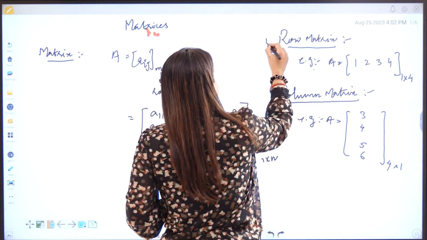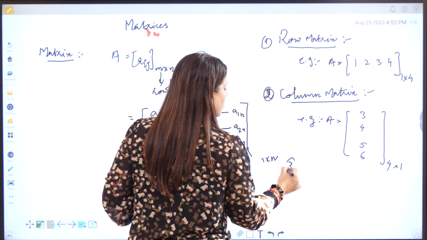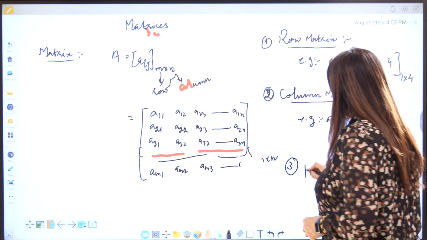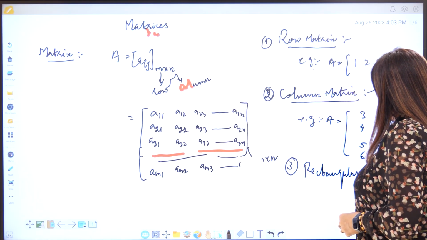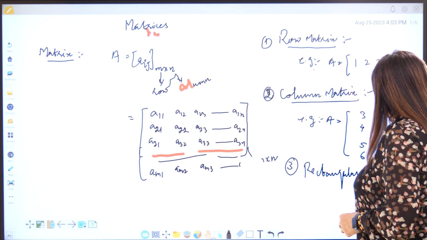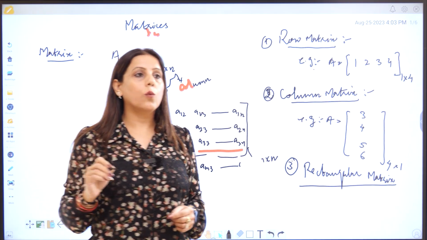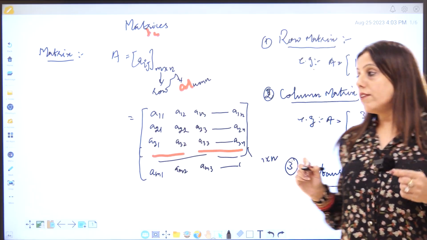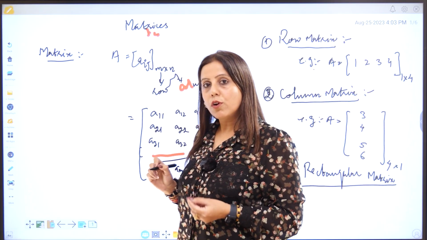Similarly, we can discuss another type. Third one is the rectangular matrix. What is the rectangular matrix? A rectangular matrix is one in which the number of rows is not equal to the number of columns.